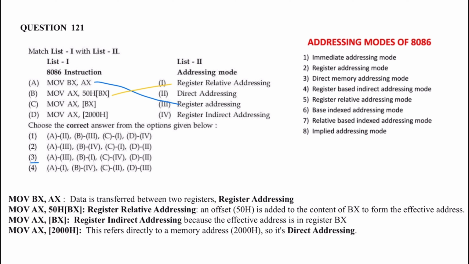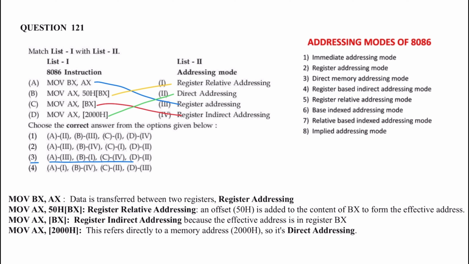Next, move AX, [BX], that is effective address BX. Register indirect addressing. Move AX, [2000H], that is direct addressing. Correct answer is A3, B1, C4, D2. Option 3 is a correct answer.